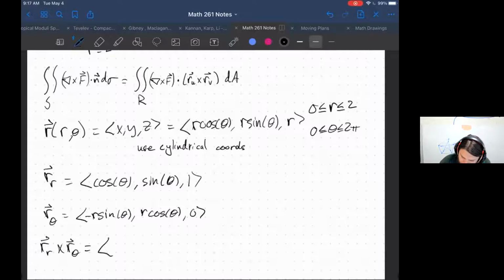And for their cross product, again, we take 2, 3 minus 3, 2, which is a 0 minus r cosine. For the second component, we have a negative out in front. Then we take 1, 3 minus 3, 1. So a lot of negatives running around here.